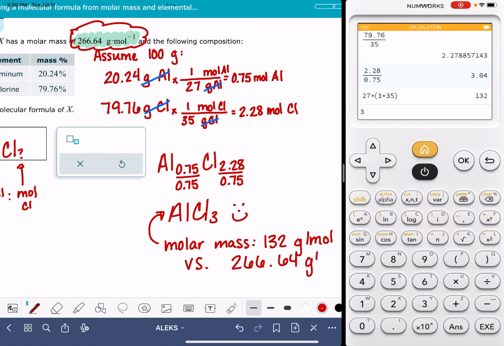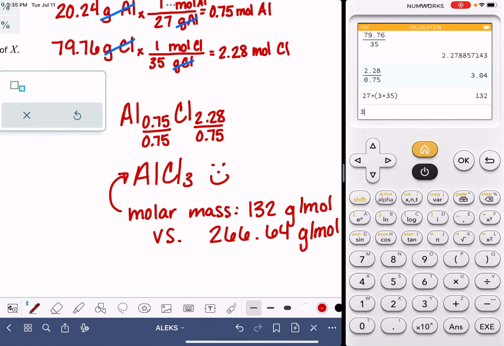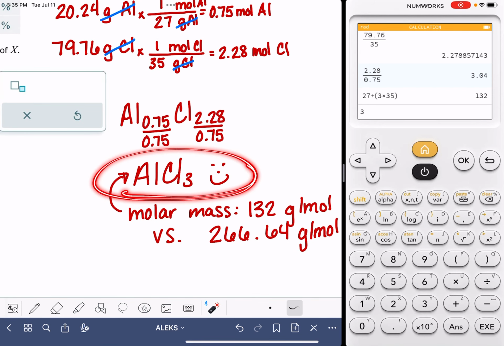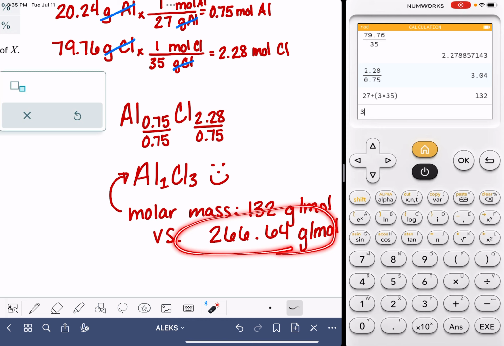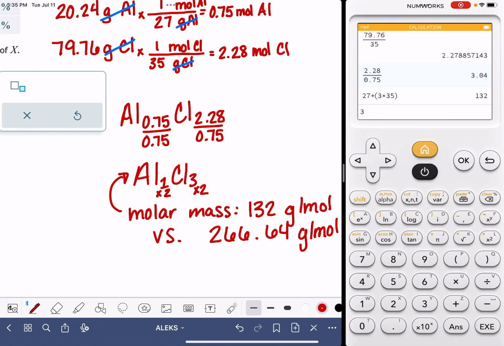266.64 grams per mole. So what we need to do is modify these subscripts again while maintaining the ratio. I'm going to put the 1 back. We're going to modify these subscripts, maintaining the 1:3 ratio, to get the mass up to 266. In this strategy, we're going to multiply both of these subscripts by 2.